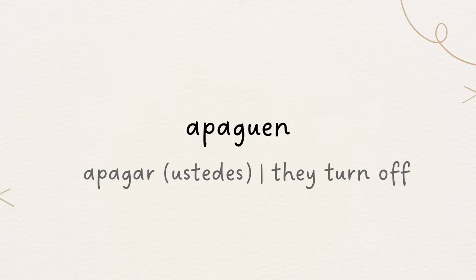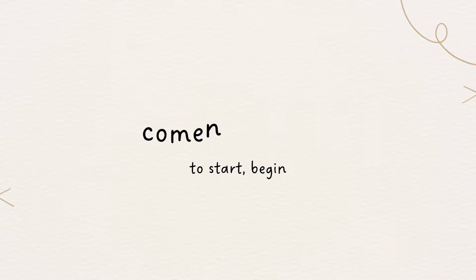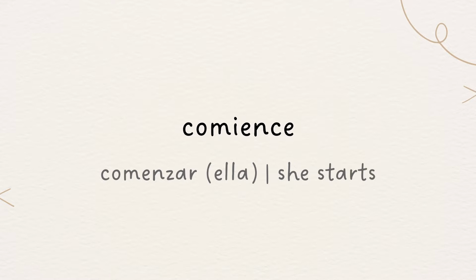Apagar with ustedes becomes apaguen, which means they turn off. Apaguen. Comenzar with ella. Comenzar with ella becomes comience, which means she starts. Comience.